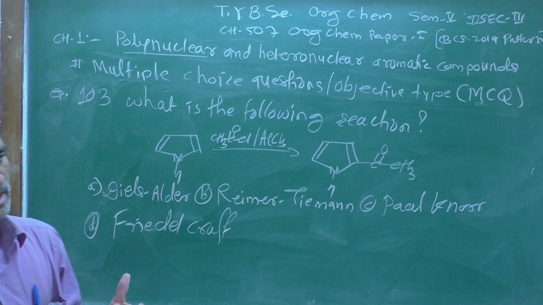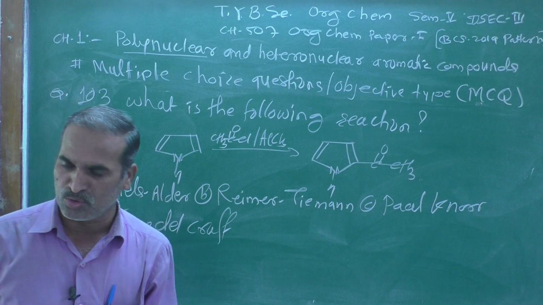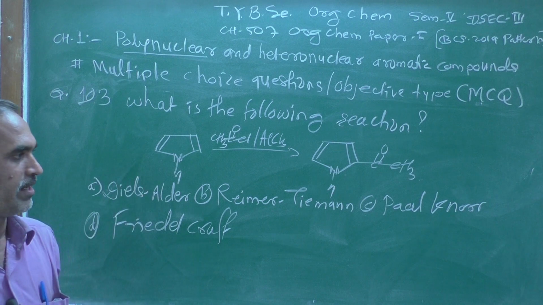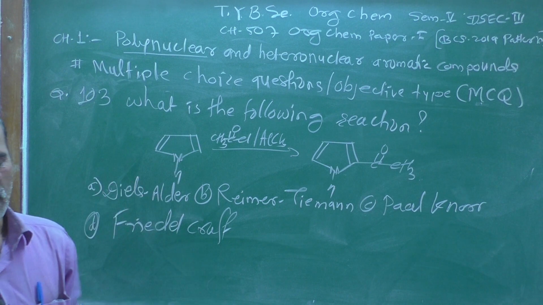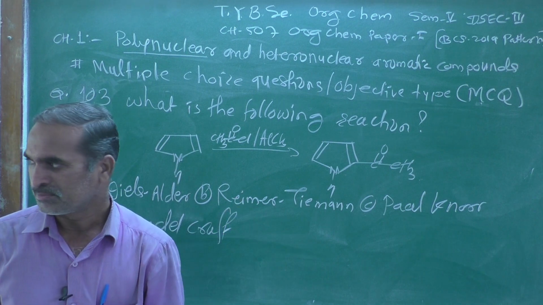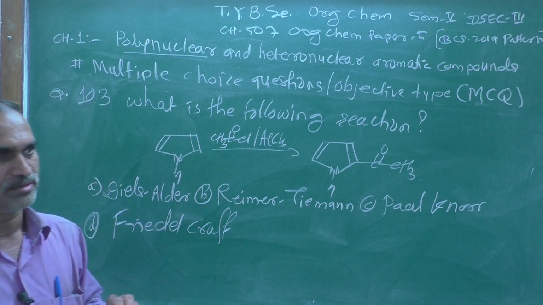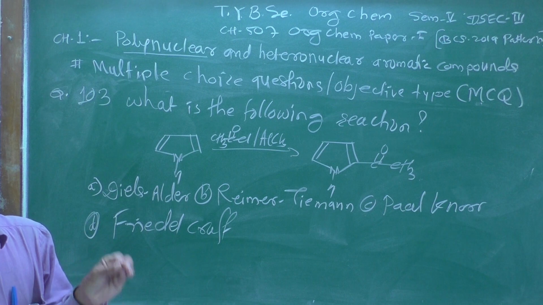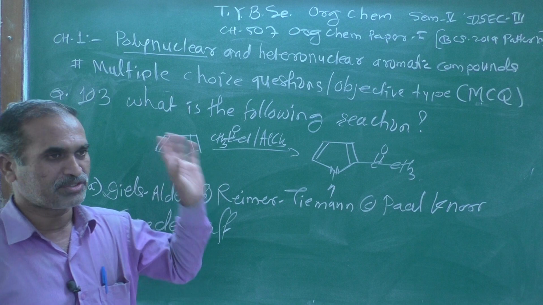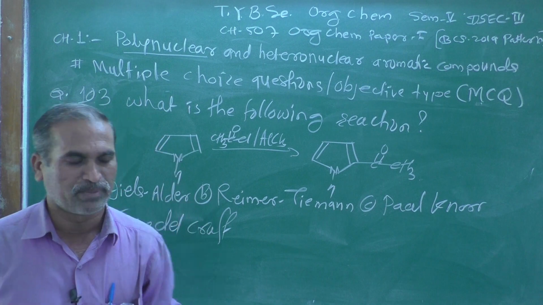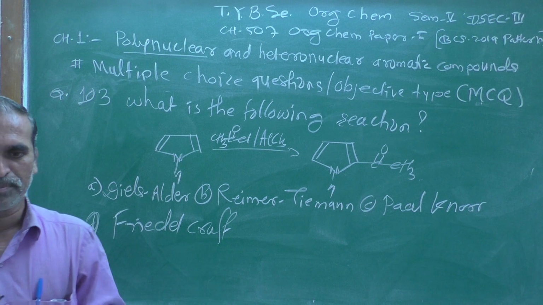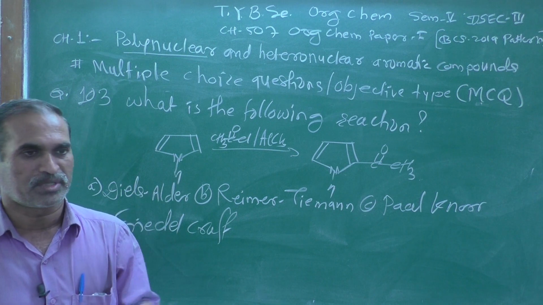And Paal-Knorr synthesis is a well-known synthesis of 5-membered rings by treating different starting materials with a suitable reagent under proper reaction conditions, forming a 5-membered heterocyclic compound depending on the reagent.